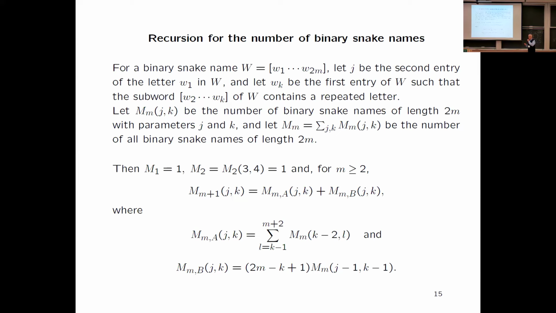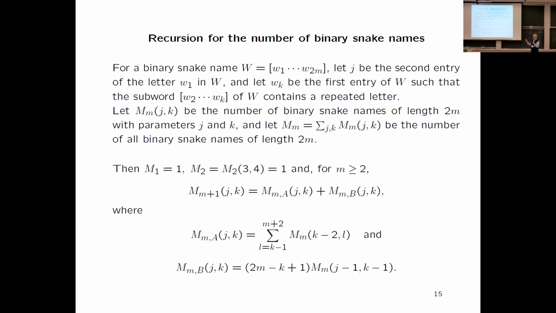You can put an extra node in the beginning of the snake, or one in the beginning and one further away. What does further away mean? The snake has a first letter, let's call it A, which appears again somewhere in the snake.